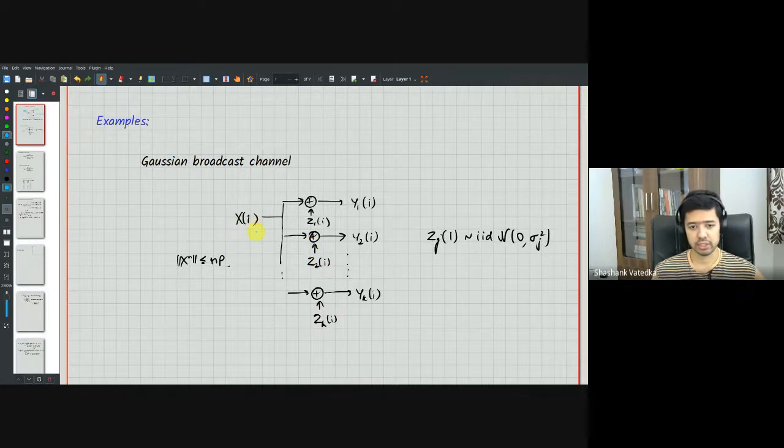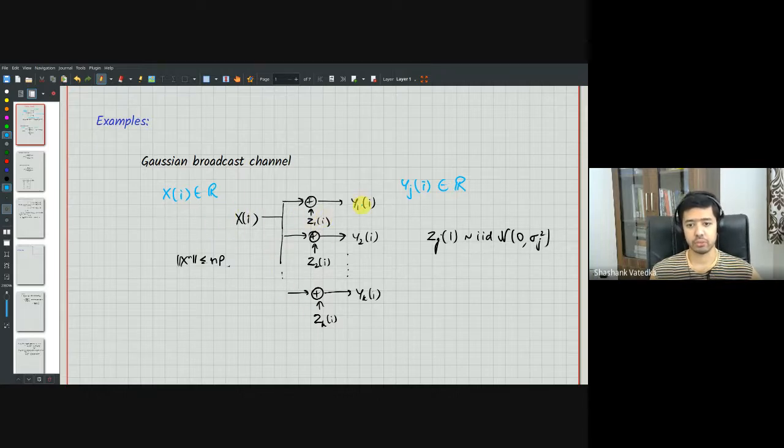At each time instant, note that time is slotted, we transmit across n time instants, and the sender is allowed to send a single real number x of i, and each receiver gets a real number at each time instant. Yj of i is obtained by corrupting x of i by independent Gaussian noise.